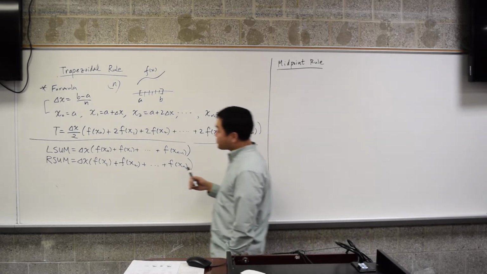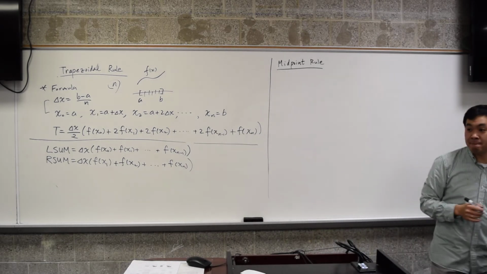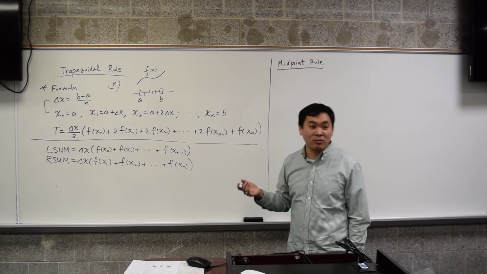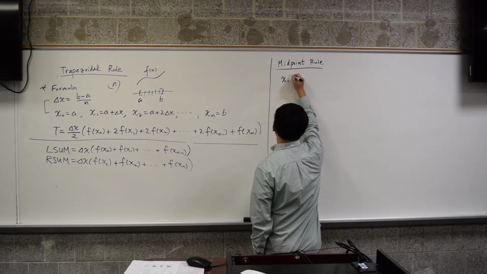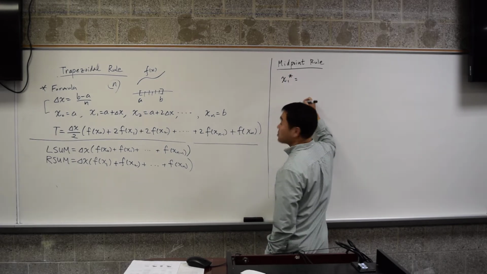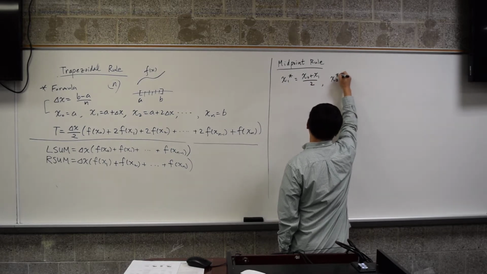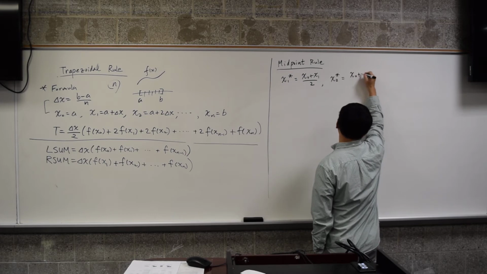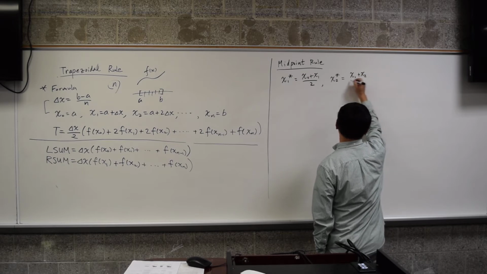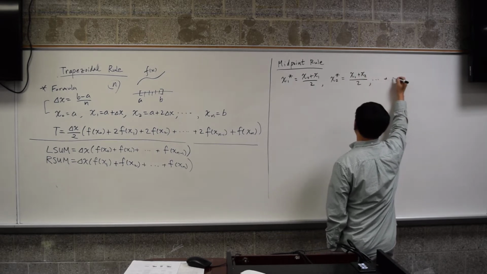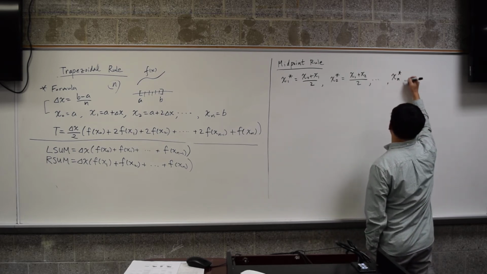Now, how do you calculate the midpoint of two numbers? Add and divide by 2. Yeah, you add them, you take the average. The average value is the midpoint, right? So you're going to define x1 star as the midpoint of the first interval, which is (x0 + x1)/2, x2 star as the midpoint of the second interval, which is (x1 + x2)/2, and you can do this until you get xn star, the midpoint of the last interval.